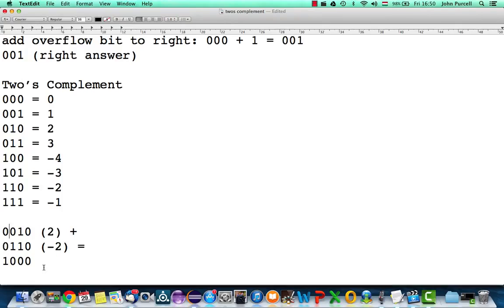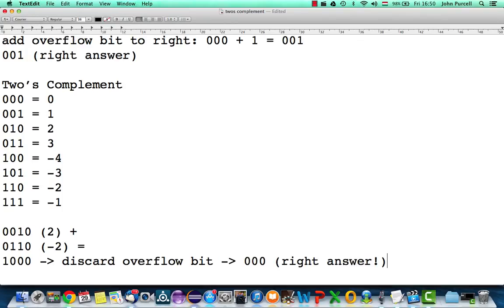But the difference here is that instead of adding the overflowed most significant bit to the least significant bit, like with 1's complement, all we have to do is discard the overflow bit, and we get 0, 0, 0, which is the right answer.